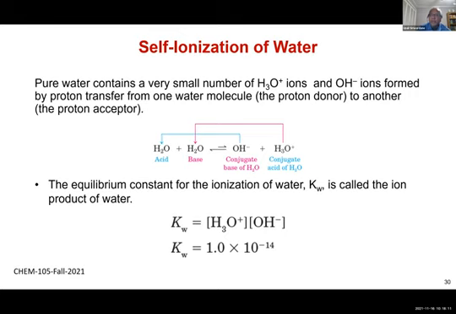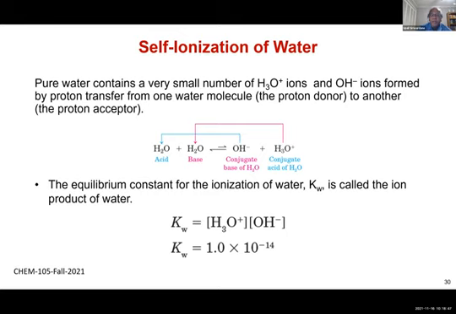In neutral water at 25 degrees Celsius, there are 1 times 10 to the negative 7 hydronium ions and 1 times 10 to the negative 7 hydroxide ion concentration. Therefore, if you multiply 1 times 10 to the negative 7 times 1 times 10 to the negative 7, the product becomes 1.0 times 10 to the negative 14, as shown here for Kw at the bottom.